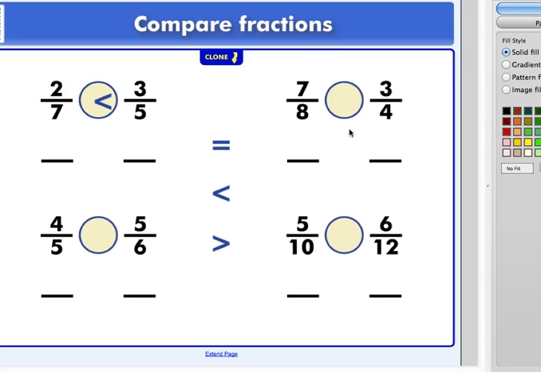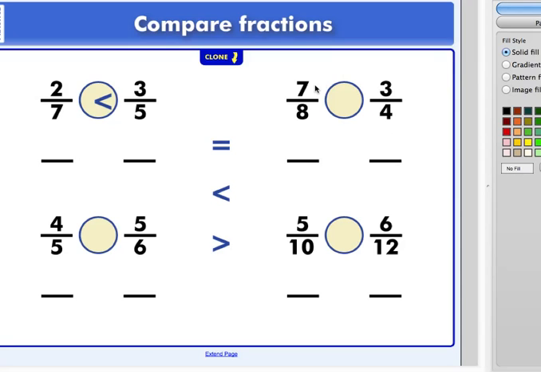Now, sometimes that question won't be as helpful for you because you look at 7/8 and 3/4. Is 7/8 closer to 0, 1/2, or 1? Yeah, it's closer to 1. Is 3/4 closer to 0, 1/2, or 1? Well, you're probably going to say 1. Each of these are one part away from being a whole.